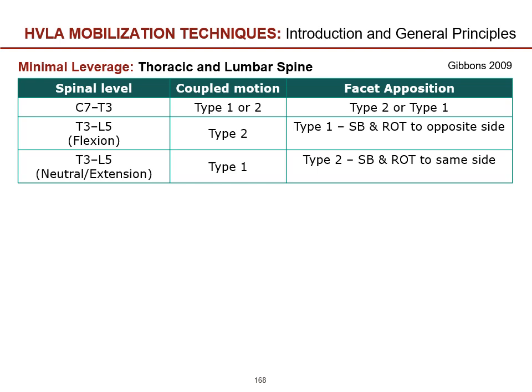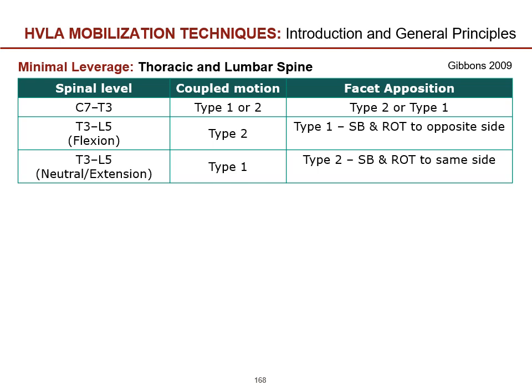Then with the spine in flexion and or extension, your coupled motions will change. So in your flexion position, we'll stick to the lumbar spine as there's been a little bit more consistency shown with this, flexion and rotation will occur in the same direction naturally. So then you would want to introduce side bending and rotation to opposite sides. Versus if the spine is in a more neutral and or extended position, type 1 coupled motions predominate.